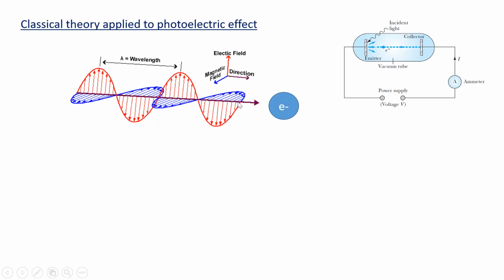Here's the electron. So light would come along, these electric fields would exert forces on the electron, and gradually the electron would be oscillated to greater and greater amplitudes, given more and more energy by this continually passing electric field. So it would be pumped with more and more energy.